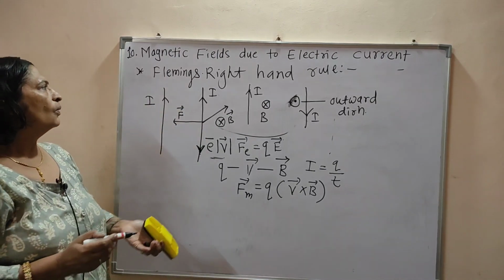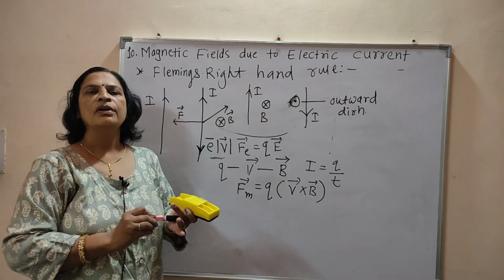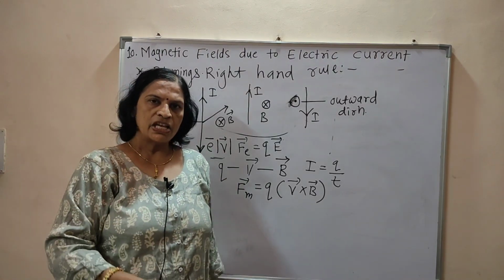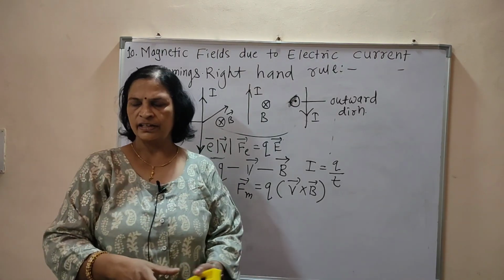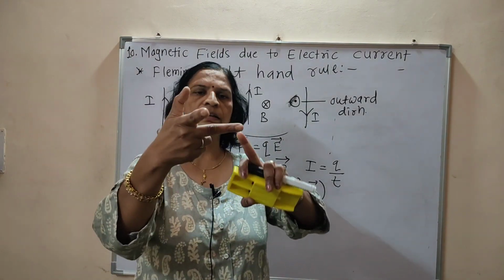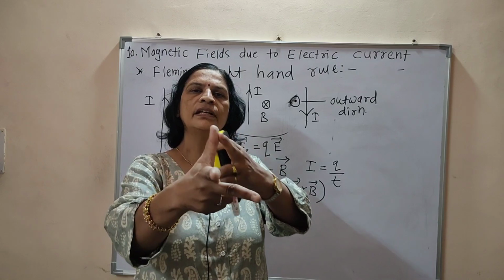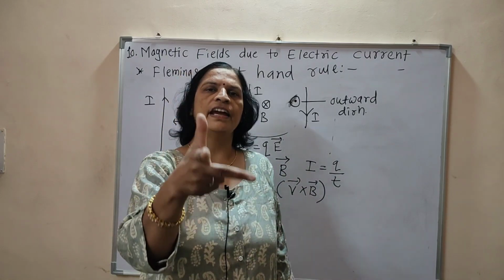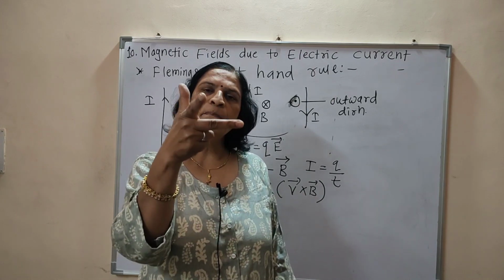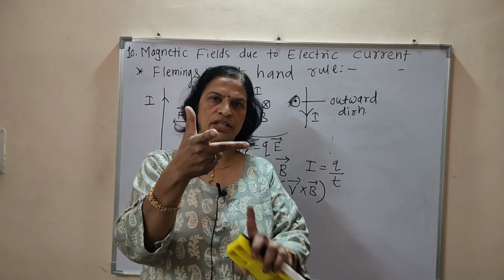Okay. Now Fleming's right hand rule. What is Fleming's right hand rule? Stretch the forefinger, also called the index finger, middle finger and thumb of your right hand in such a way that they are mutually perpendicular to each other. Understood?